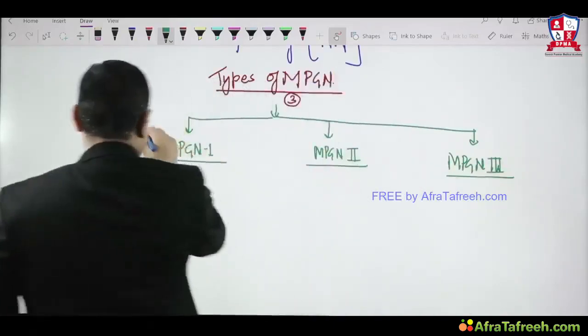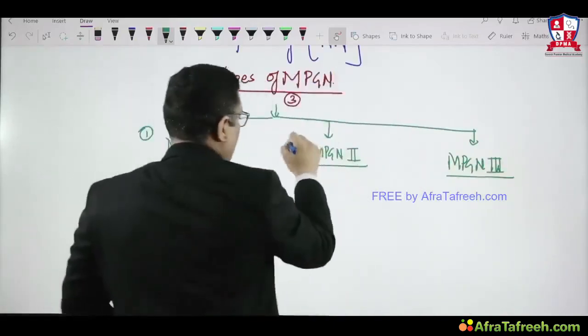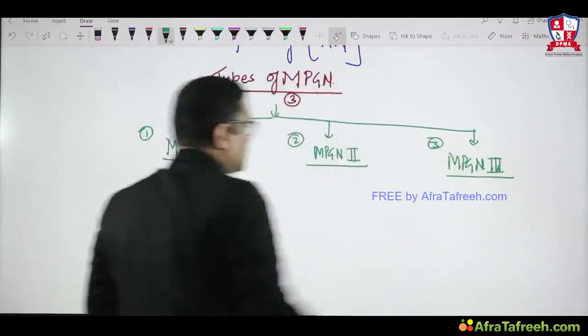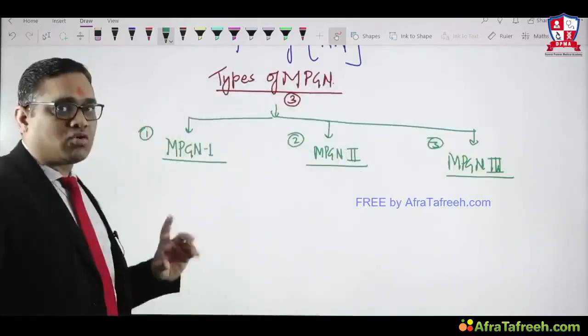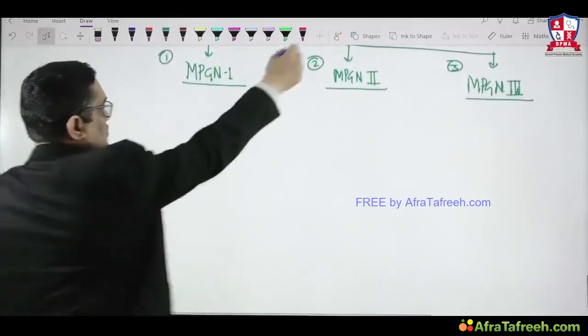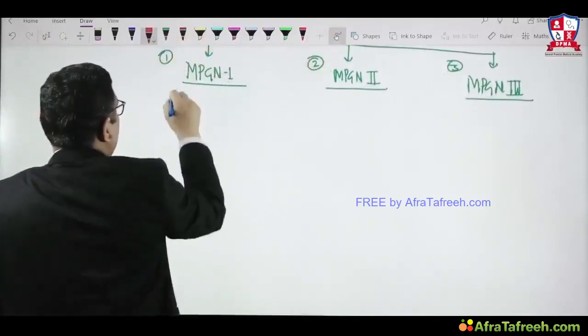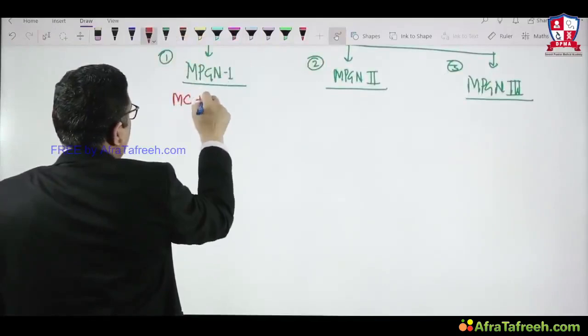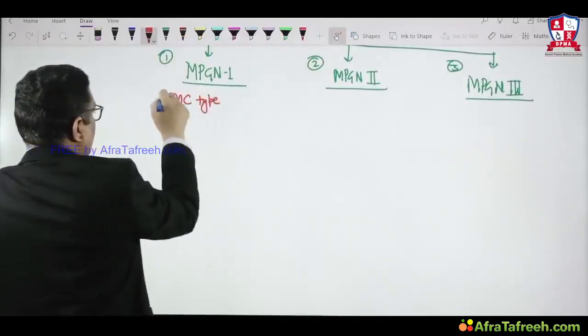Out of these three, MPGN type 1 is the most common type of MPGN.